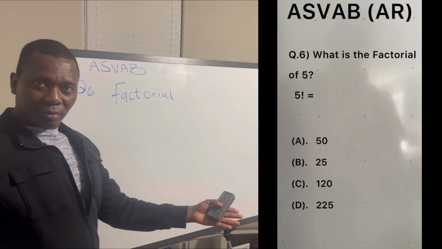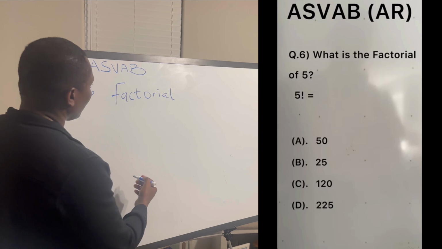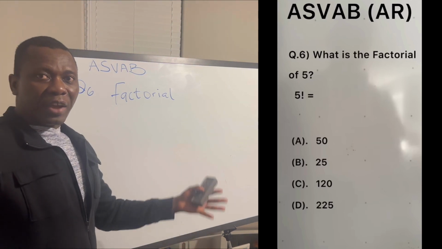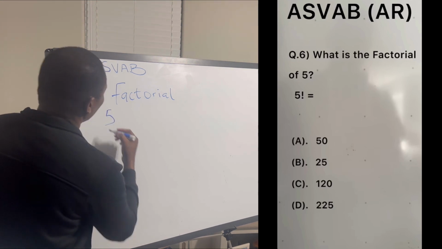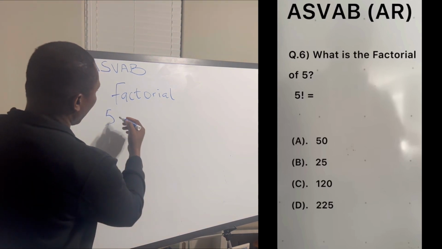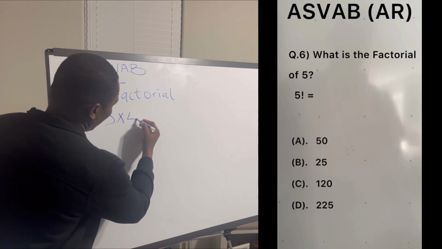It's when, since we're doing 5, you do 5 times 4 times 3 times 2 times 1. Thank you. So a factorial is a number multiplied by itself and all the way to 1.